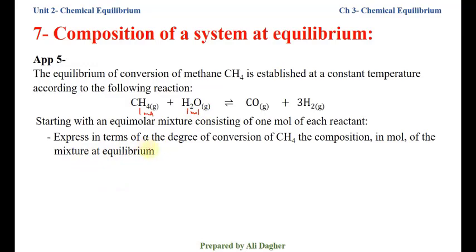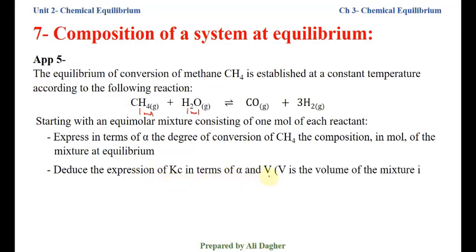Express, in terms of alpha, the degree of conversion of CH4, the composition in moles of the mixture at equilibrium. Deduce the expression of Kc in terms of alpha and V. V is the volume of the mixture in liters.